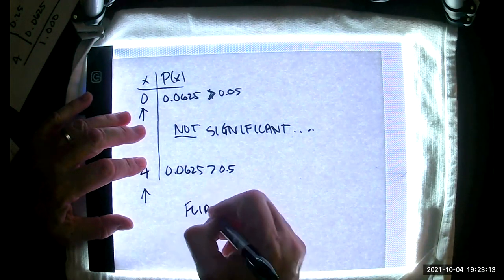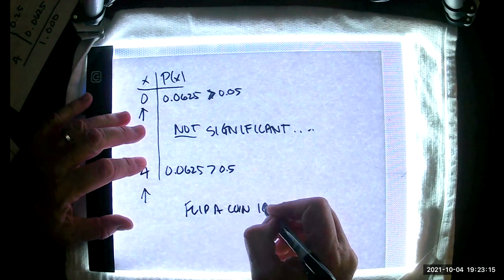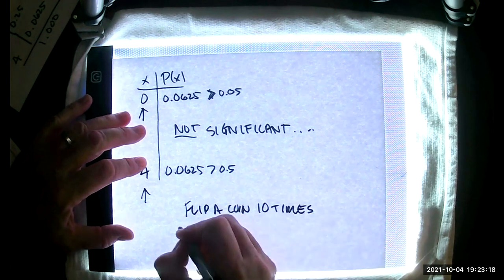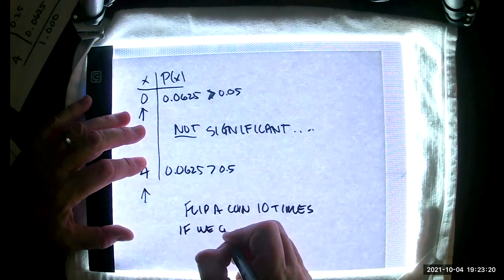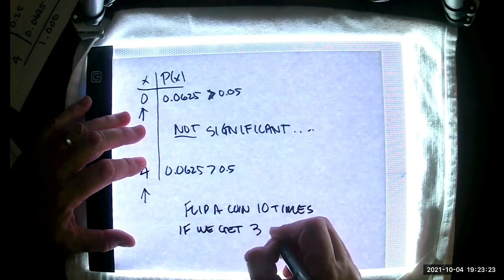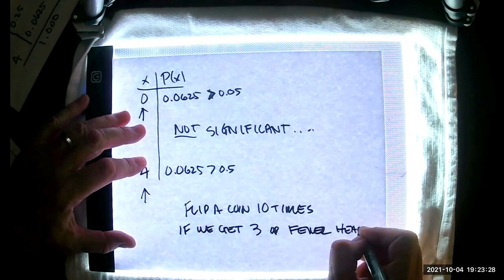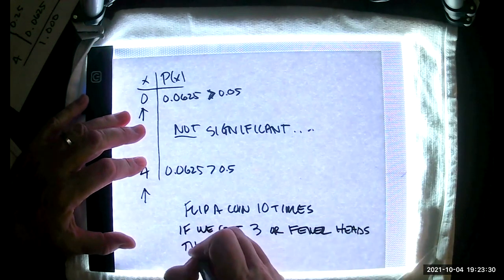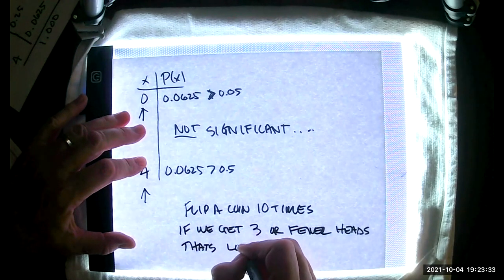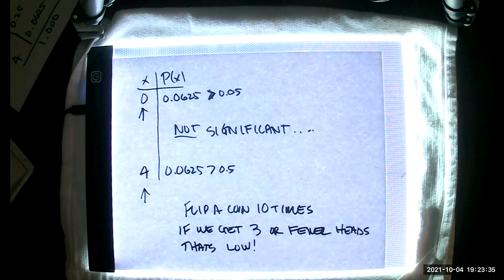If we flip a coin 10 times, if we get 3 or fewer heads, that's low. And I really do need to know what that value is, and I can find that value pretty quickly because I've got some special tools that you guys don't have in front of you right now.